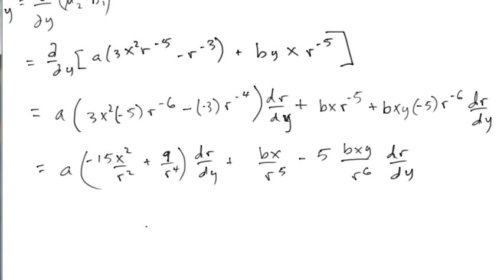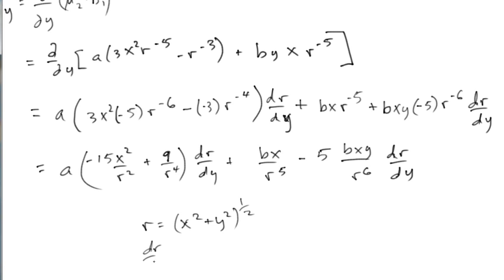Alright, dr by dy. R is equal to the square root of x squared plus y squared, so r is x squared plus y squared to the plus 1/2.